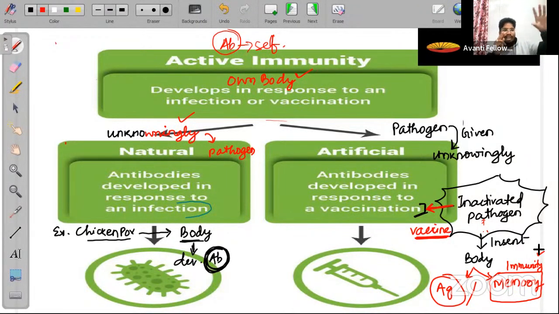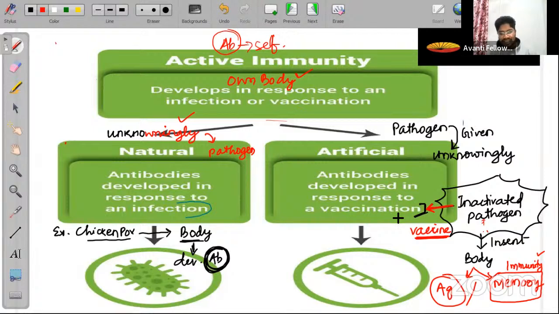So our body will directly start fighting against the pathogen. Right? So what we did here, we artificially inserted the pathogen, and against that pathogen, our body started developing antibodies, and it also saved or created some memory against that pathogen.